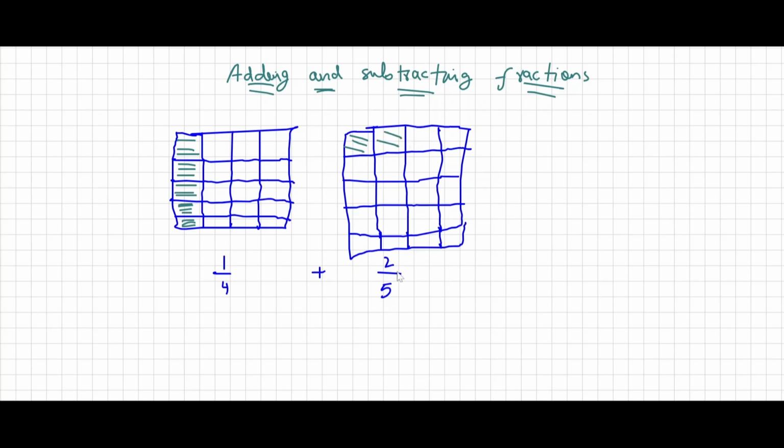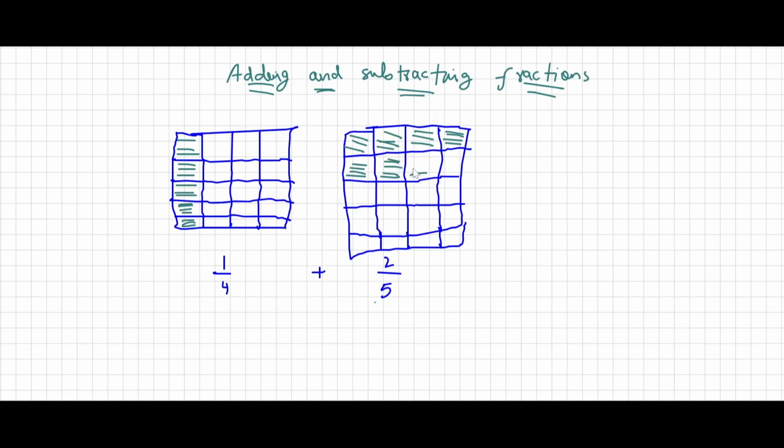If you want to understand 2 by 5, it's the first part, second part, third part, fourth part and fifth part. So we are covering two parts.